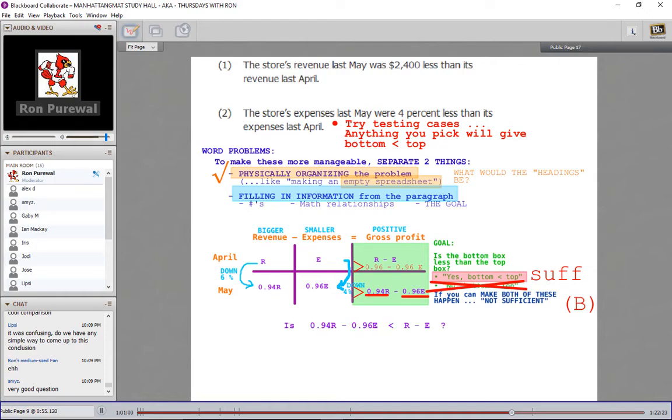You can just do algebra with this. Subtract 0.94R. Don't forget to keep the question word. You can also add E to both sides. That'll cancel here, and they'll give you positive 0.04 E over there.